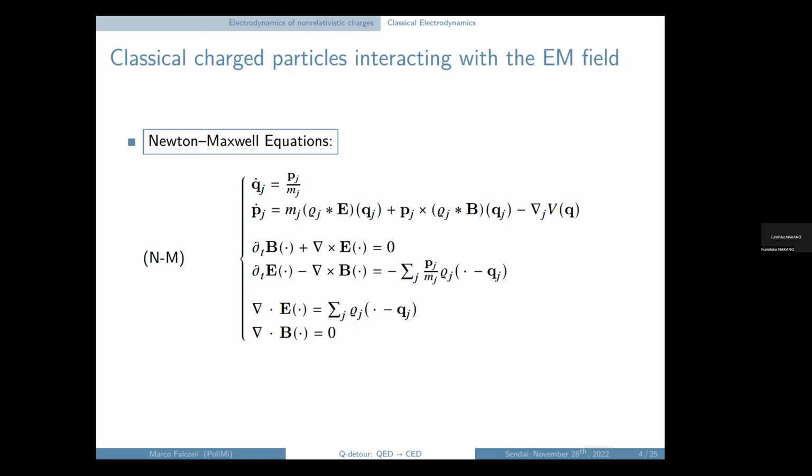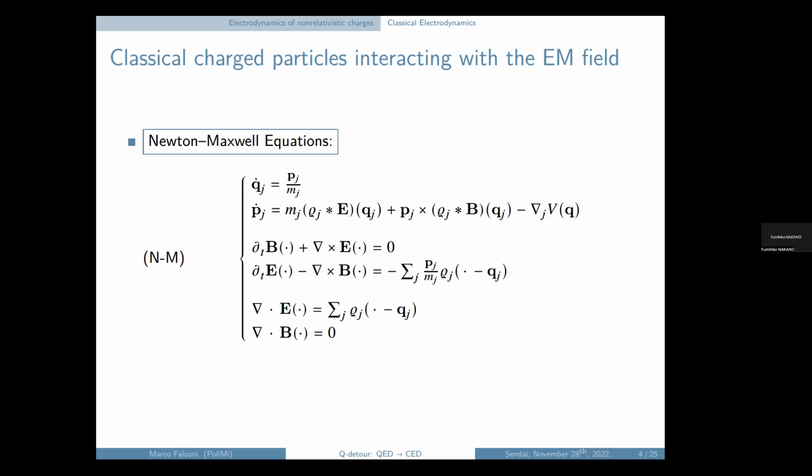Excuse me. May I interrupt you and have some questions, which are very elementary? Sure. Thank you. You are writing equations for the particles, so I guess mj is the mass of the particle and pj is its momentum. So maybe there is a finite number of particles. Yes, capital N. As I guess, rho j is a kind of charge density.